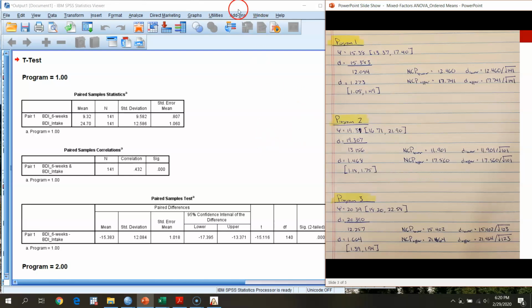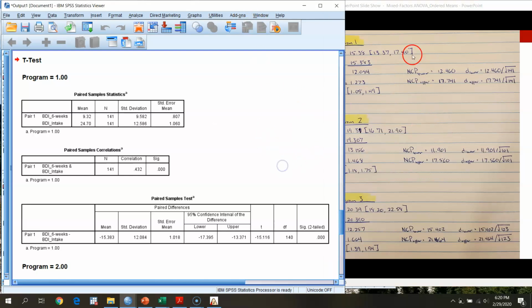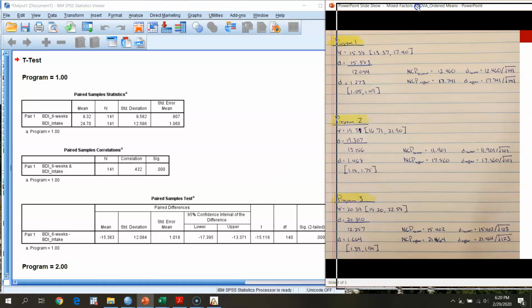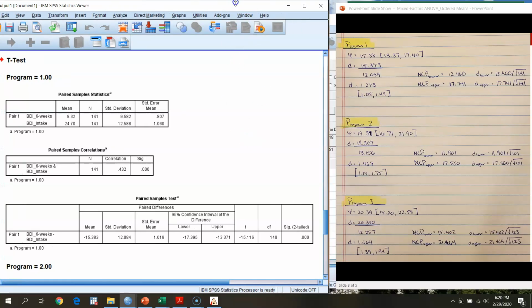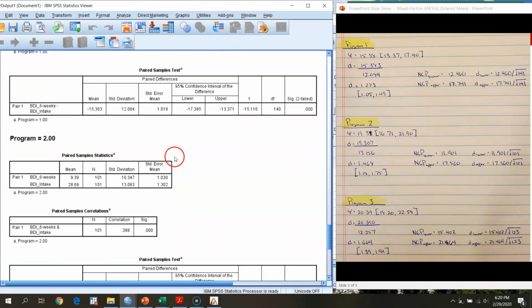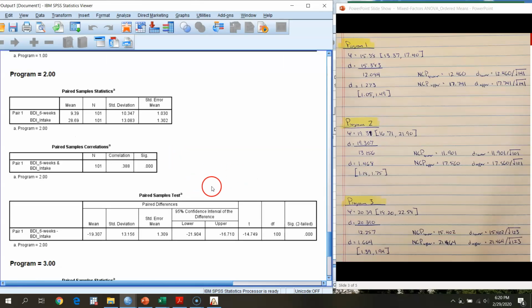Okay, so we can go through and run that, make sure that we've documented that outcome, but then we want to do the same thing for program 2 and program 3. For program 2, we've got about a 19.3 unit reduction, with population estimates ranging from 16.7 to 21.9.